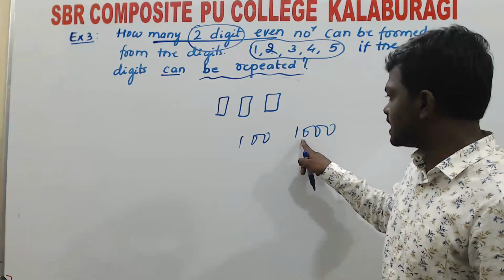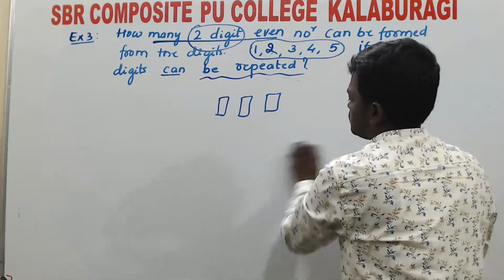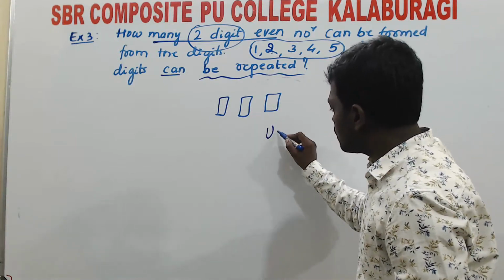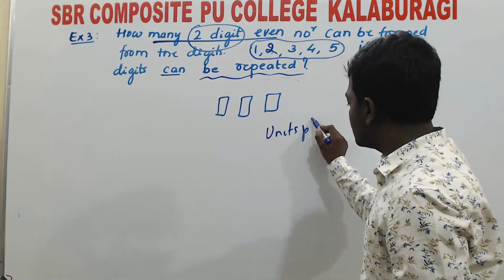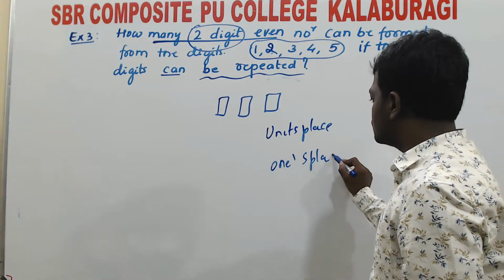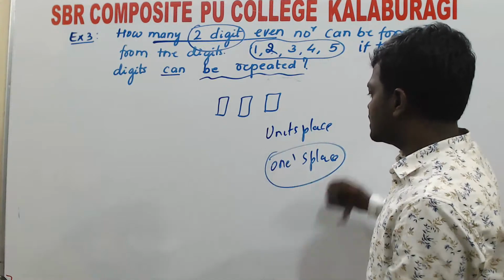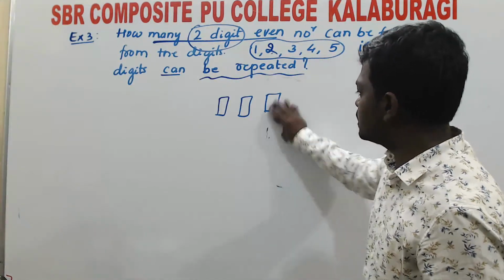Units place, tens place, hundreds place, and thousands place. In primary, this is called a units place, and it is also called a ones place. So you might have heard of ones place, so don't worry. Units place and ones place are both the same.